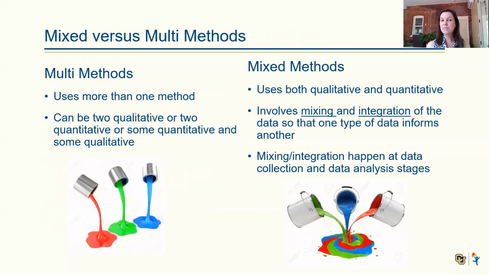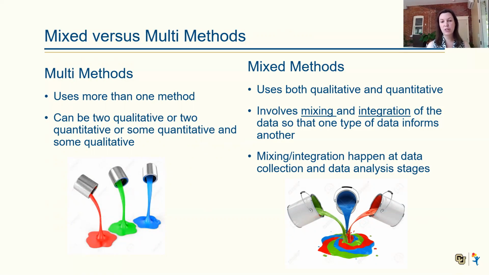All right, mixed versus multi-methods. So multi-methods is when you use one or more methods. It can be two qualitative, two quantitative, or it could be a qualitative and a quantitative method. It is important to note multi-methods is when you are doing the methods in parallel to each other. You are not necessarily integrating them. Mixed methods, in contrast, is you're using both qualitative and quantitative methods, but you're being very deliberate with mixing and integrating the data so that one informs the other.